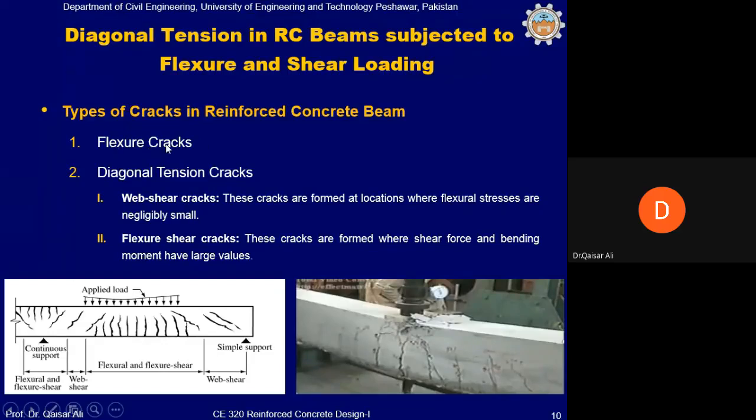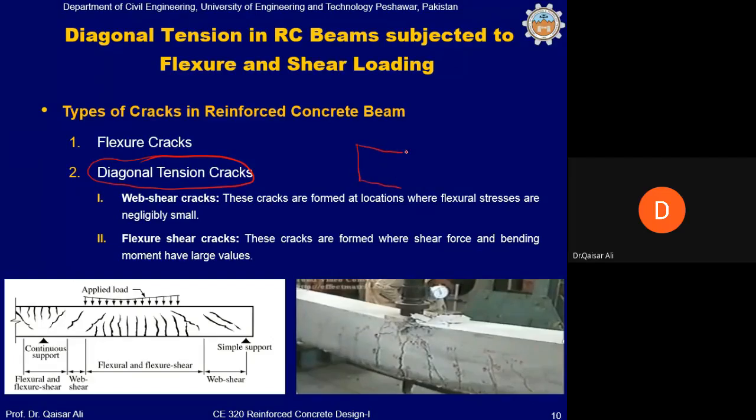Flexure cracks we have discussed previously, but there are 2 types of shear cracks, and shear cracks are generally called diagonal tension cracks, and the reason is that these cracks are oriented at an angle of 45 degrees, roughly speaking.